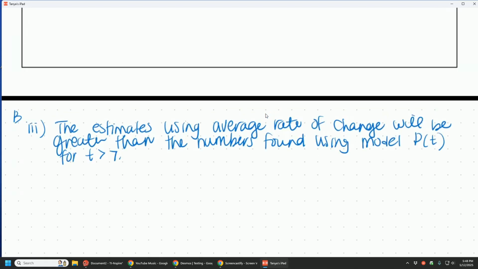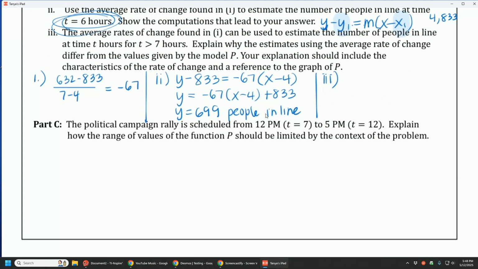So I'm saying how they differ. So it says differ, but now I need to explain why.